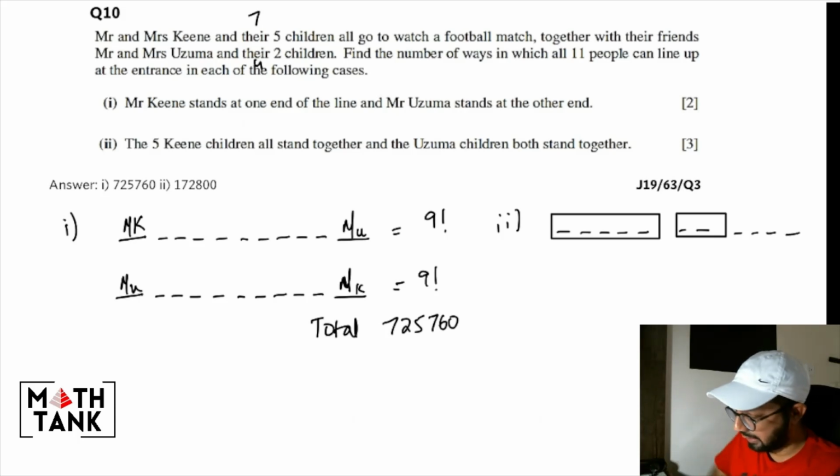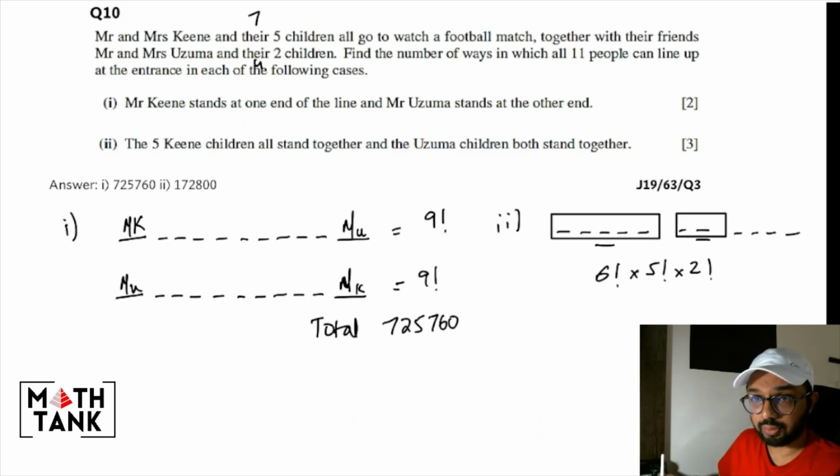Since there are a total of 11 people, I get 2 dashes and 2 boxes and 4 dashes, so that makes a total of 6 factorial, then 5 factorial inside the box, and then 2 factorial for another inside the box. So I get 6 factorial into 5 factorial into 2 factorial, 172800.